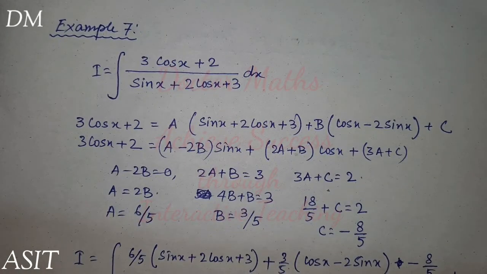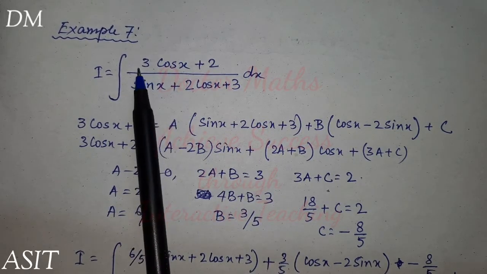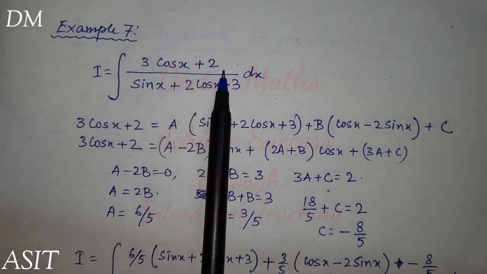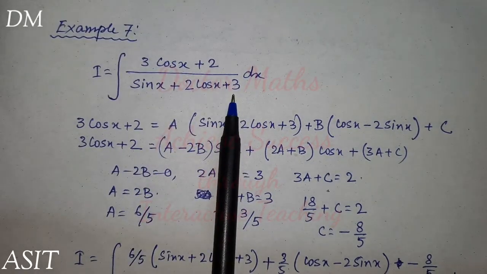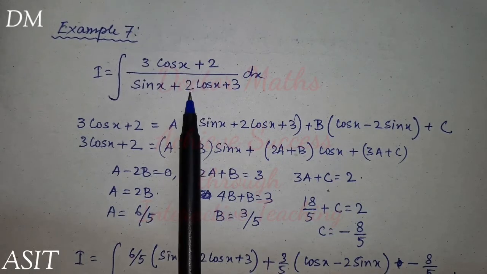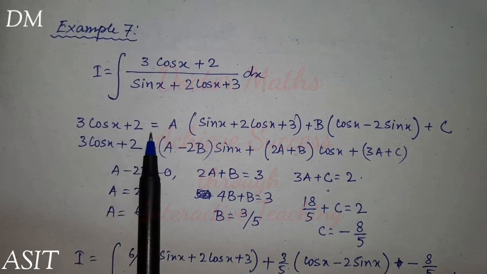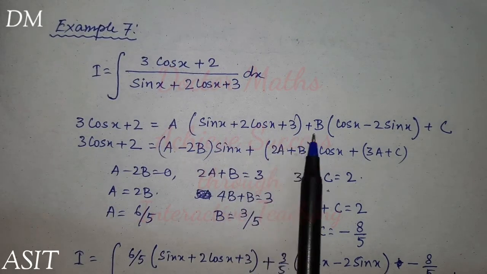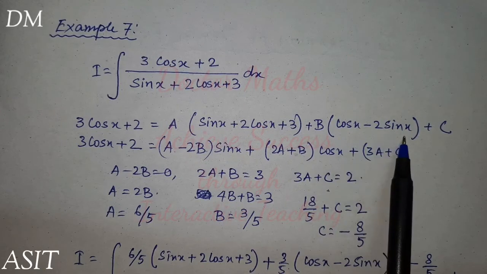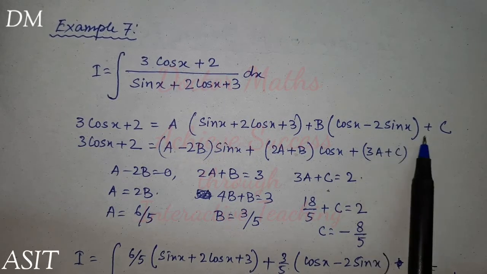Now this one is the last example of today's video. It is the integration of 3 cos x plus 2 divided by sin x plus 2 cos x plus 3. Again it is the second type of integration. So here I will write the numerator equals a into the denominator plus b into the differentiation of the denominator plus c.